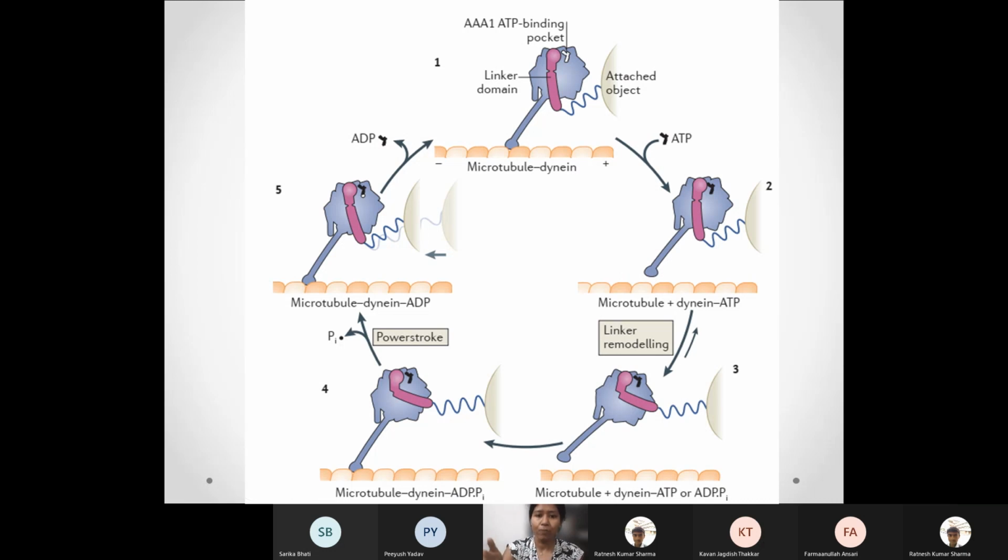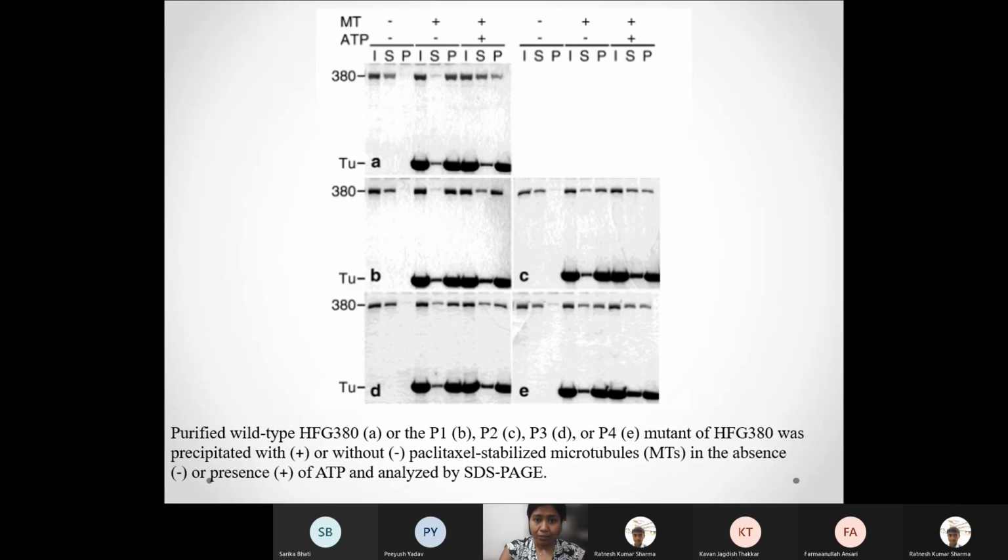So it is detached from microtubule. This is what we had seen the last time. So here we are seeing the same thing. When you do not add ATP in this system, you have most of the dynein associated with the pellet fraction, that is most of it with microtubule. You add ATP and most of it goes in the soluble fraction, so it releases from microtubule.